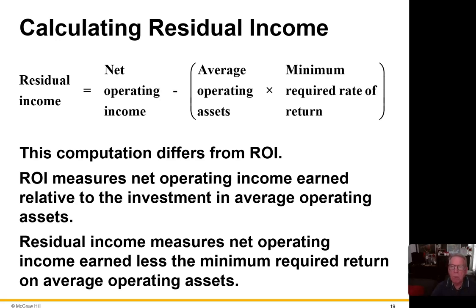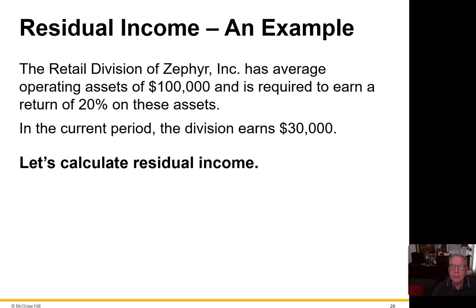Okay, so let's take a look at that. An example would be the retail division of Zephyr Incorporated has average operating assets of $100,000 and is required to earn a return of 20% on those assets. In the current period, the division earns $30,000.